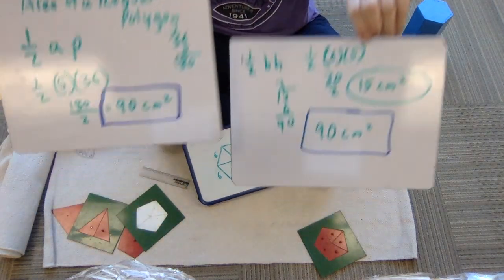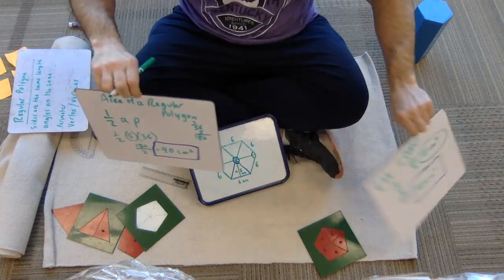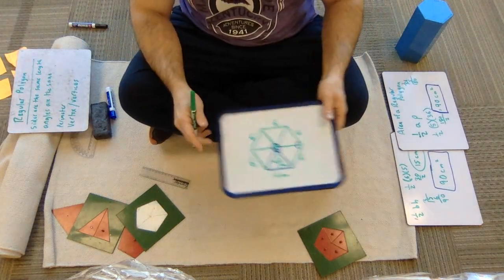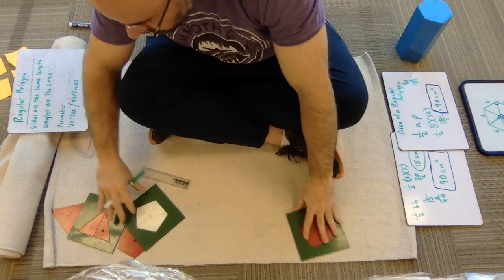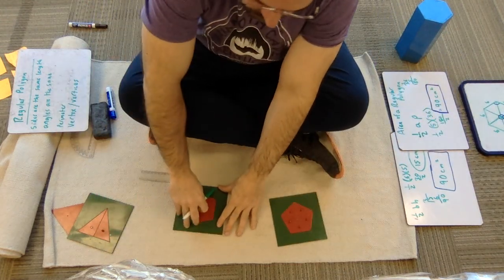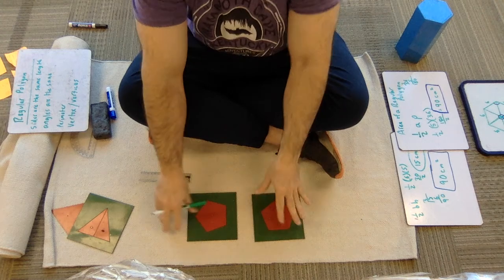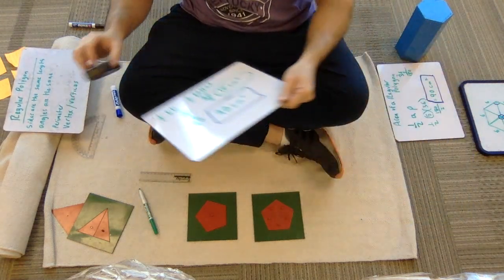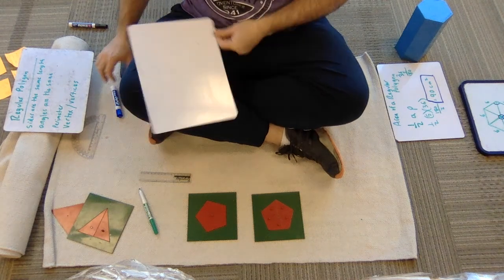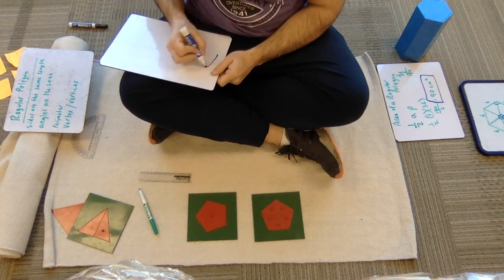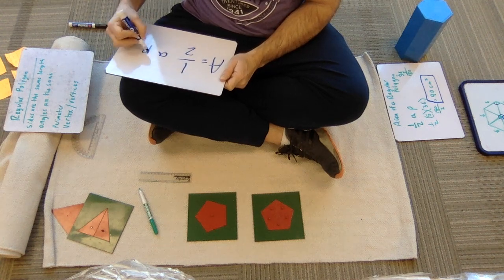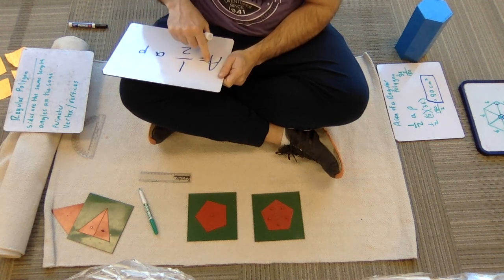So, yay! So kids, now you should be able to find the area of a regular polygon because you have the formula. And to review, the formula is the area equals 1/2 apothem times perimeter.